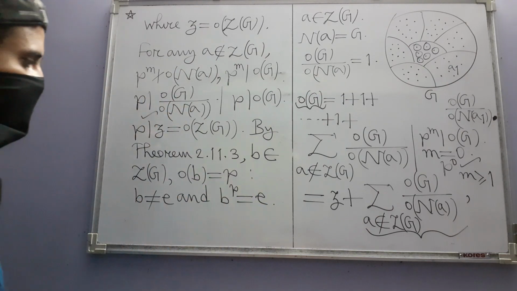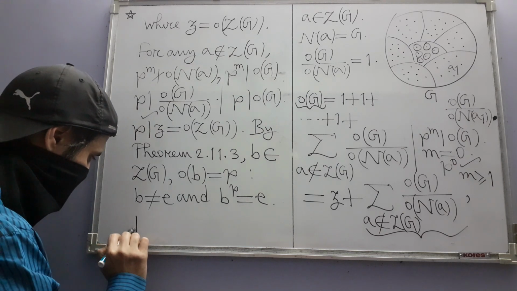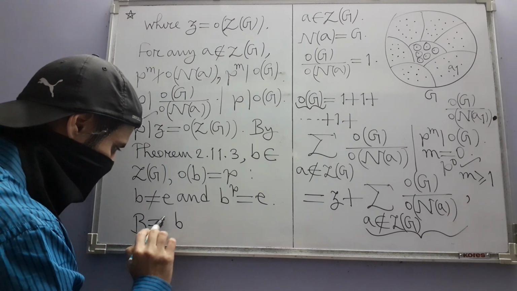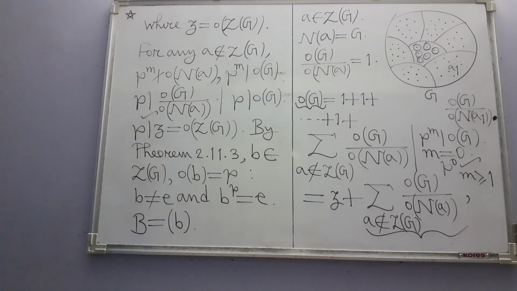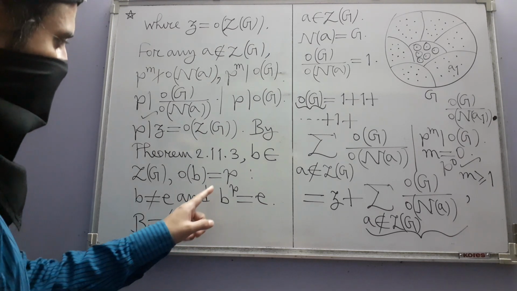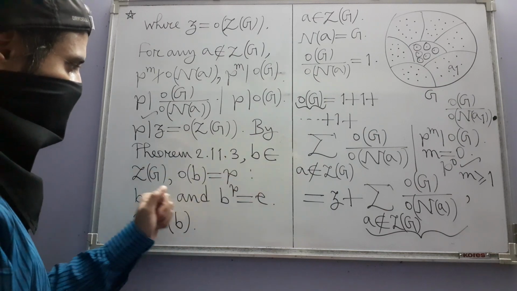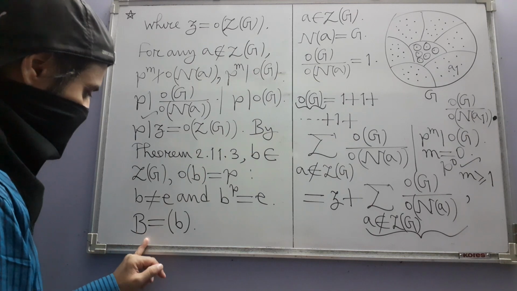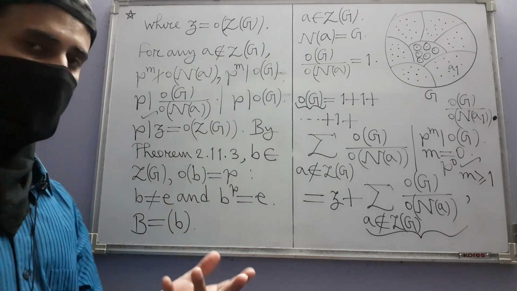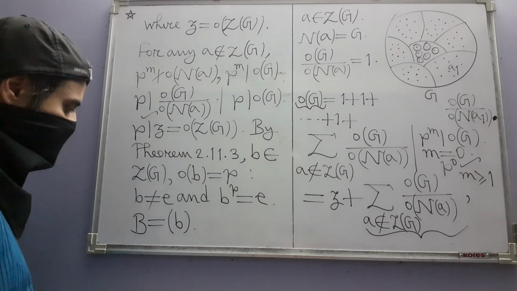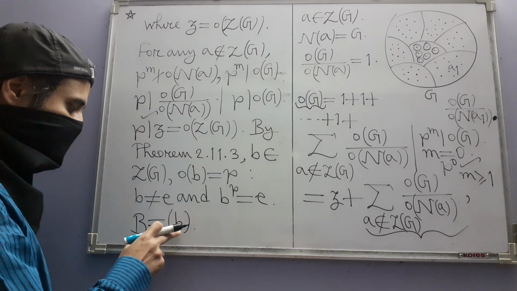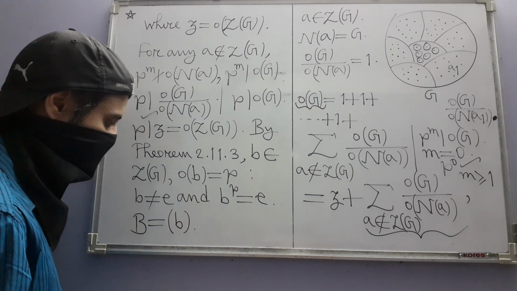So now what we are going to consider is the cyclic subgroup B generated by this element b. Obviously, although b is coming from the center, it is an element of G, capital G. So the cyclic subgroup generated by b will be a subgroup of G. But it's not just any cyclic subgroup, it's being generated by a central element.